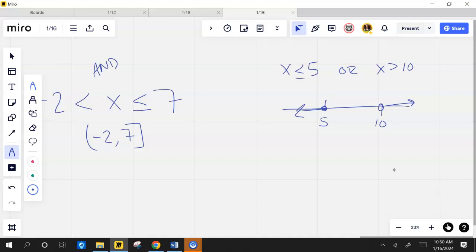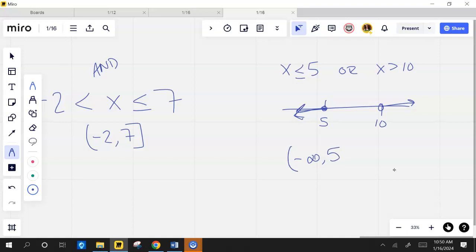So I say that because in this, what's the smallest value x could ever be? Negative infinity, right? See how it's going this way? So it could be negative infinity, but once I get to 5, I have to stop, right? So I stop by putting that value there.